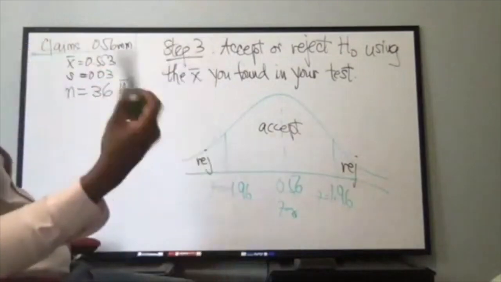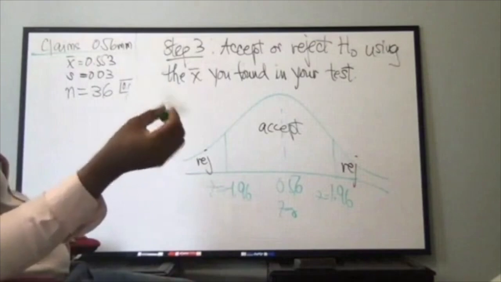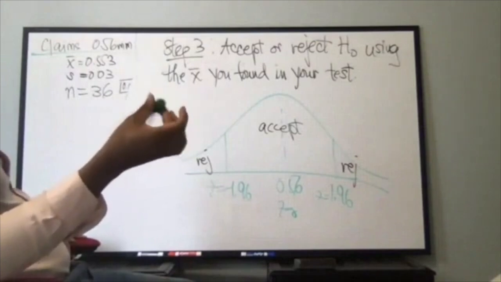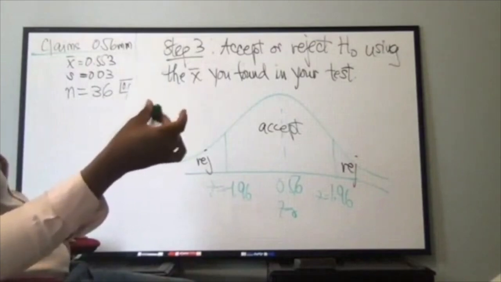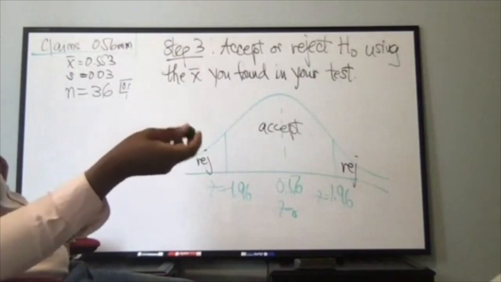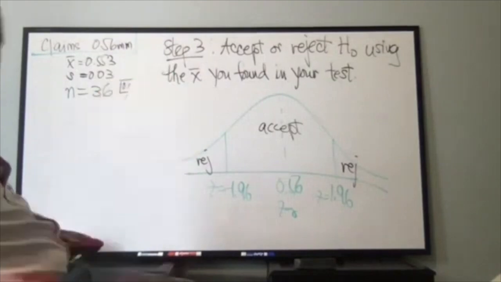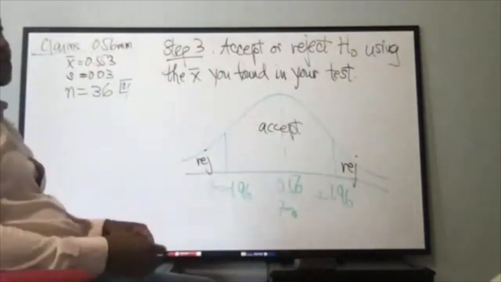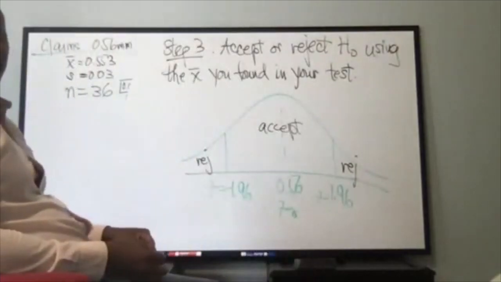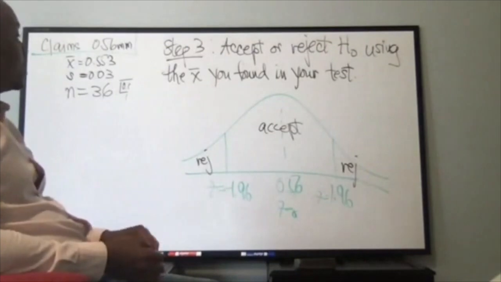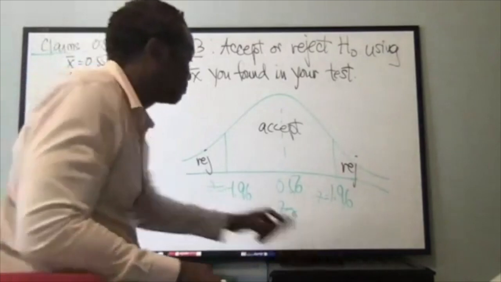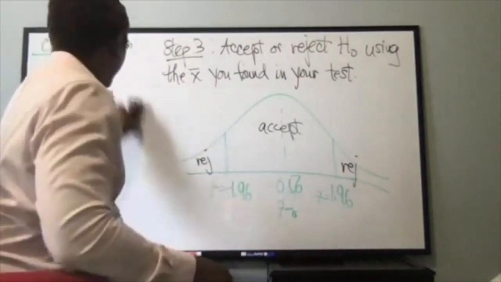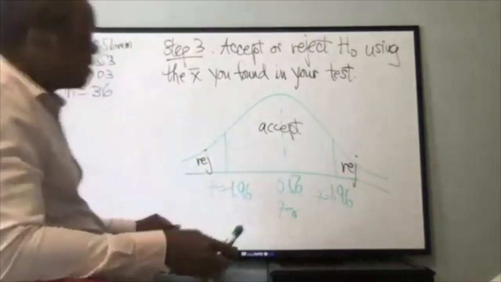Step 3, accept or reject H sub 0 using the X bar you found in your test. In our problem that we just read, what is the X bar that we found in our test? We took our chalk and we found the sample mean to be what? I think it's 0.553.